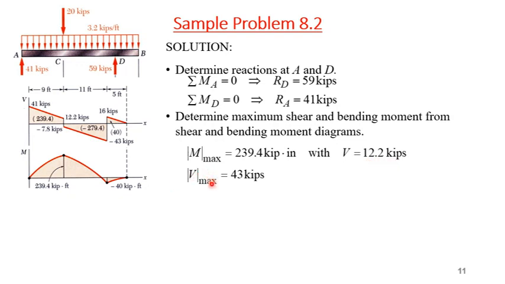Whereas Vmax is 43 kilopound, but the bending moment there is very small, that is minus 40 kilopound foot, which will be equal to 43 multiplied by 12, so roughly around 516. So I can write M is equal to 516 kilopound inch.